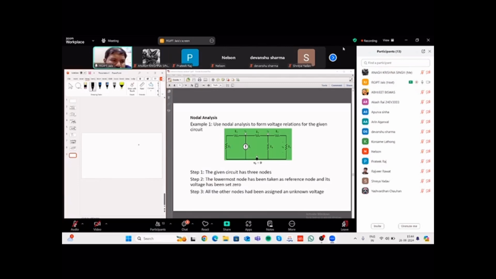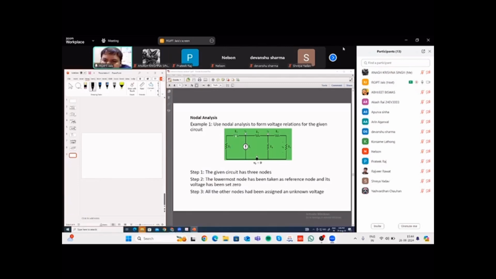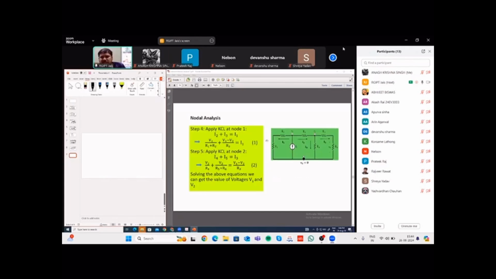V1 is the unknown. KCL means you have to identify the currents that are coming in and out of that node. We are considering the first node, and we are trying to see what currents are entering the first node and what currents are leaving it. Now there is a current source already there, I1, and the direction is given. That means the current is going into the first node.